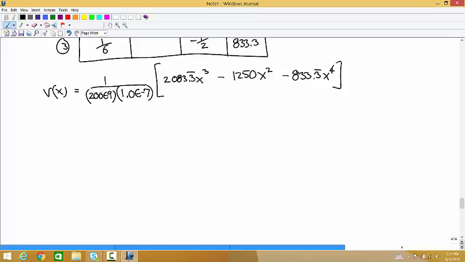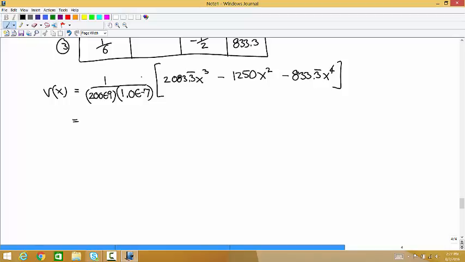All right, so we can simplify this a little bit. So this is 1 over, well, can someone just divide these terms out for me? 200 times 10 to the 9 times 1 to the -7 is 2 to the 4th.